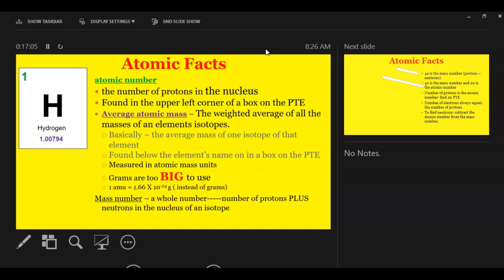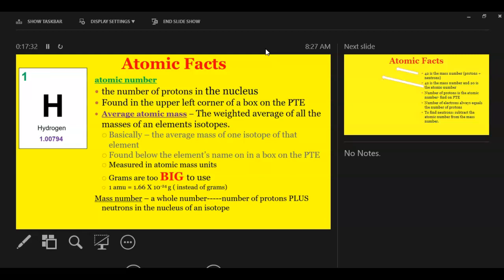There is a relationship. I could take 1.00794 AMUs and I could convert it to grams. There is a relationship between the two, but there's no need to, okay? If we were to put grams or micrograms on the periodic table, these numbers right here would be in scientific notation, and it would be really hard to deal with, okay?